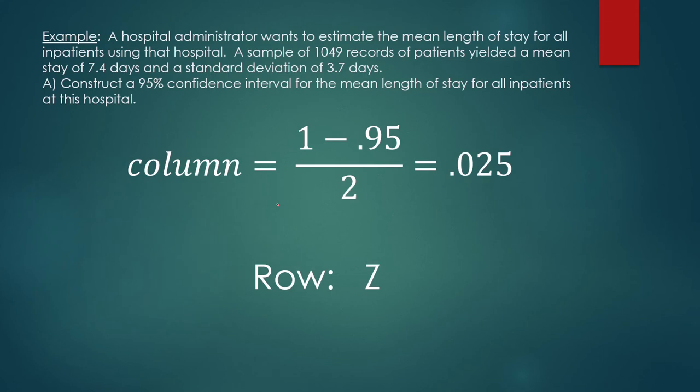Now, to find the column, we use the same formula, 1 minus the level of confidence divided by 2. In this case, we have a 95% confidence interval. And we're going to use the column 0.025 for our column. The row, since the degrees of freedom is greater than 1,000, we're going to use row z.